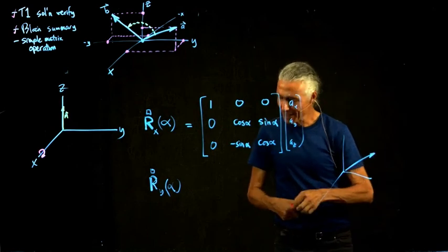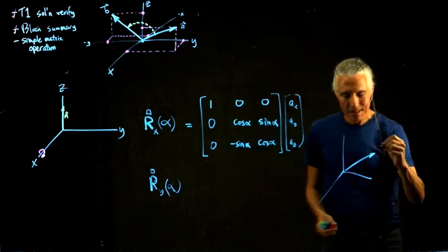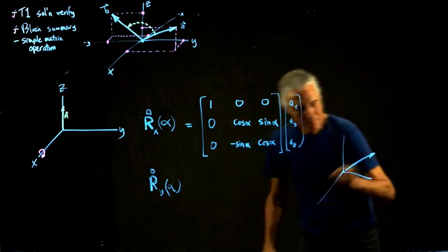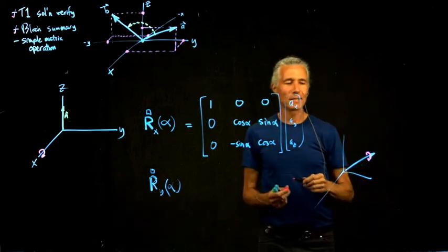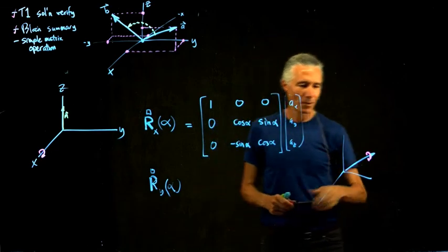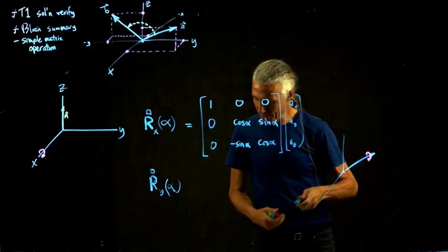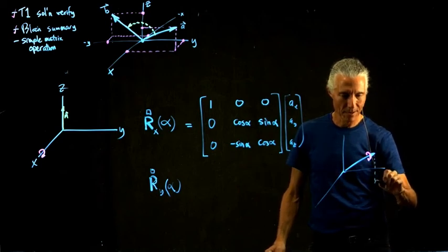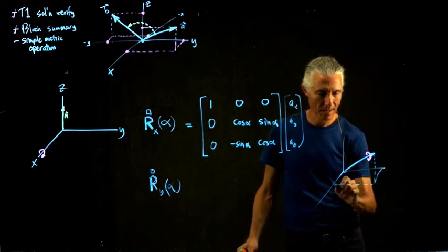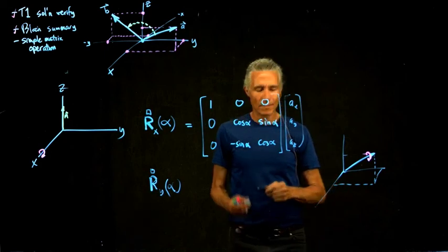And what if I just wanted to rotate around an arbitrary axis like that, that's not lined up with the coordinate system. Say this guy is projected down to here or something like that. How do I do that?